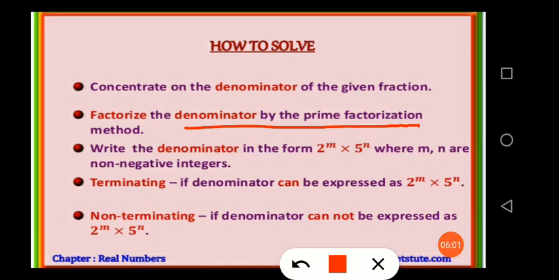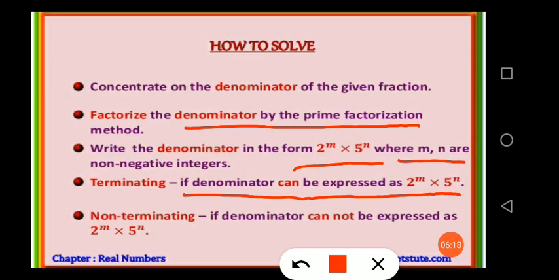If the denominator is of the form 2^m into 5^n, where m and n are non-negative integers, it can be 0 also, then it is terminating. It is non-terminating if it cannot be expressed in 2 and 5 terms. Understood?